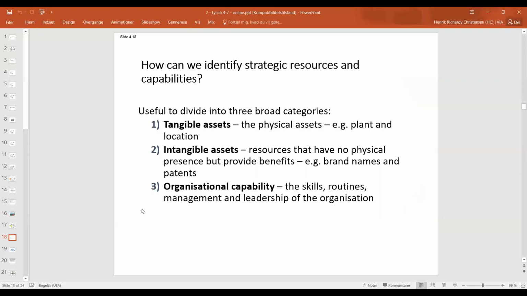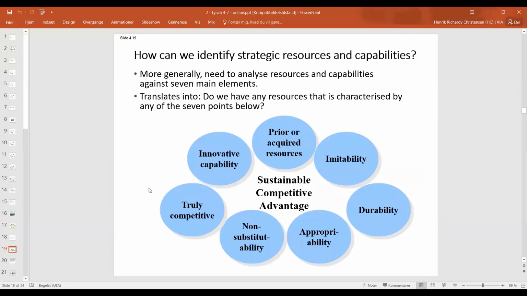Now, taking it a bit further with those different kinds of assets, we need to understand whether they are good or not so good. We do that by looking into what makes a resource a good resource to help us gain a competitive advantage.